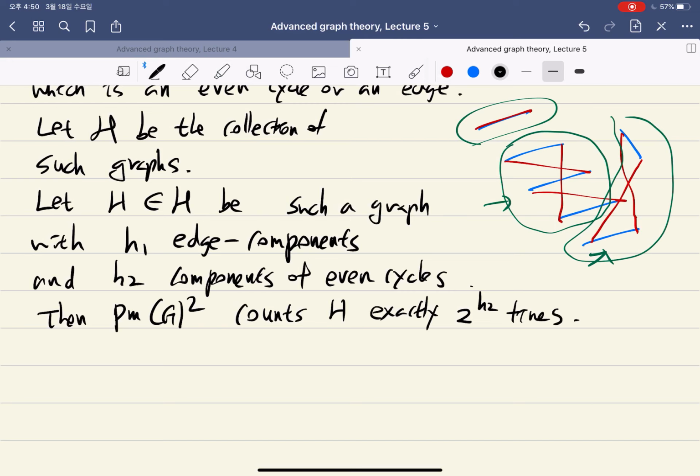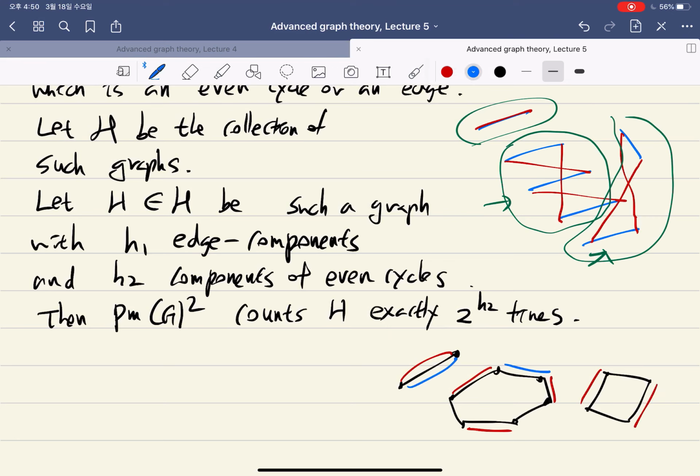What does it mean? So this specific graph here, this is H. This is counted if we take the first matching this and the second matching this. So for this M and M', we get this H by taking the union.